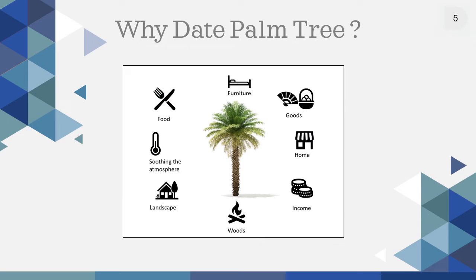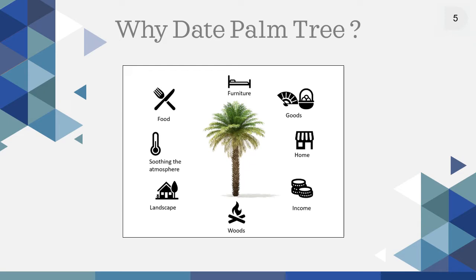Why date palm trees? Because for decades, date palm trees have played an important, crucial socio-economic role in Bahrain. It's one of Bahrain's most important agricultural crops and one of the most profitable as well. Furthermore, palm trees have proven to be a valuable contribution to food security throughout history, particularly in the Middle East, where just a few plant species can thrive.